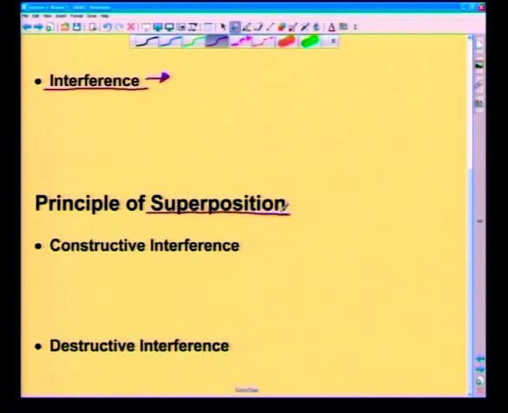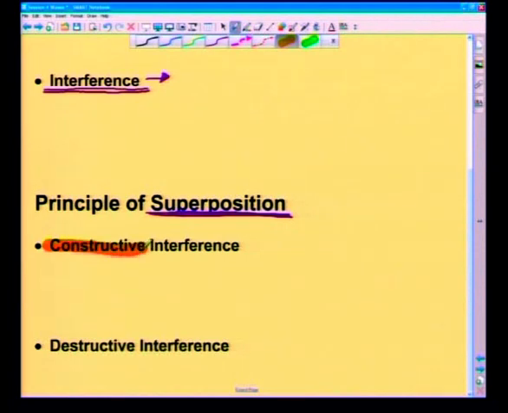I've touched on it a little bit. Now, the principle of superposition happens when we talk about interference of waves, like I said. When we talk about interference of waves, this principle comes in. Here it's waves merging, coming together into each other's paths, and you can either have the waves resulting in what we call constructive interference.